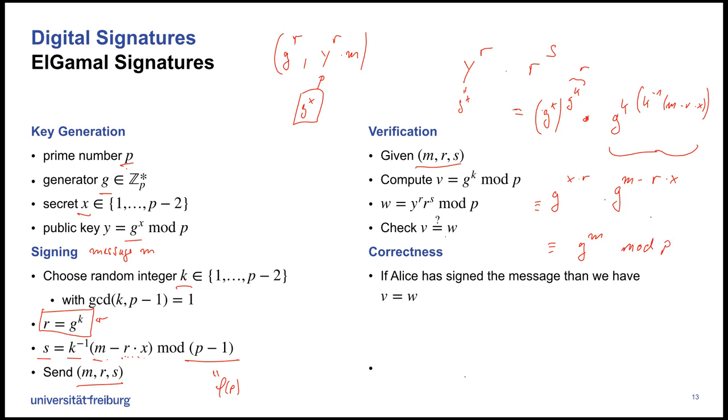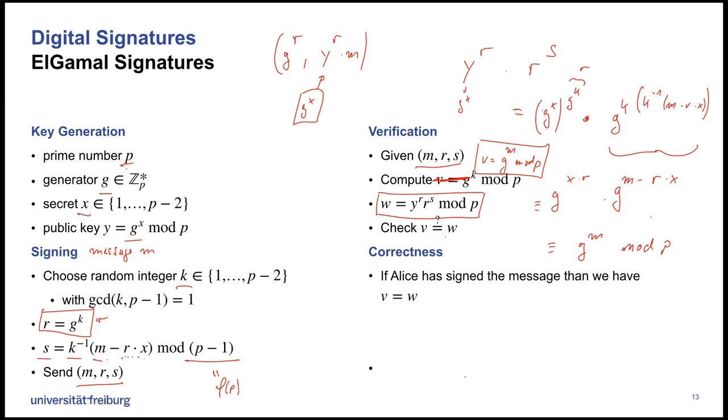Okay, and now I can fix the slides, because if I do this operation here with w, I have to check whether this is the same as this one. So that means at this point, this line is wrong. This should be v is equal to g to the m mod p. So that's the thing that we should get out of this.